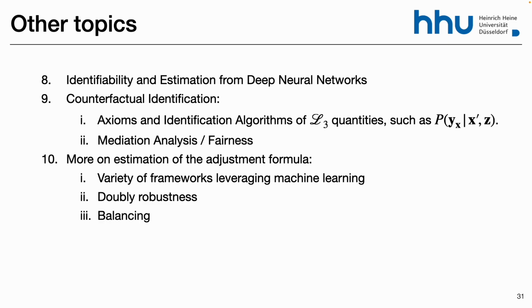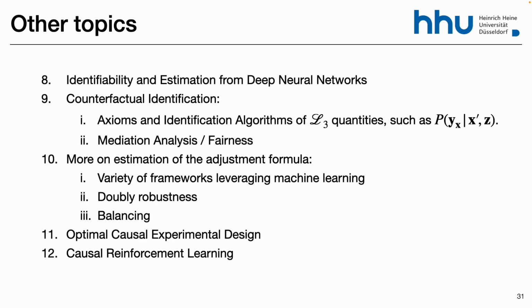There's also this idea of checking balancing that I couldn't cover. And also a lot of things about optimal causal experimental design, and causal reinforcement learning is also a way to combine reinforcement learning with the causal diagram. In an online reinforcement learning strategy, how can you find which variable to intervene on, because there's exploitation and exploration, right?